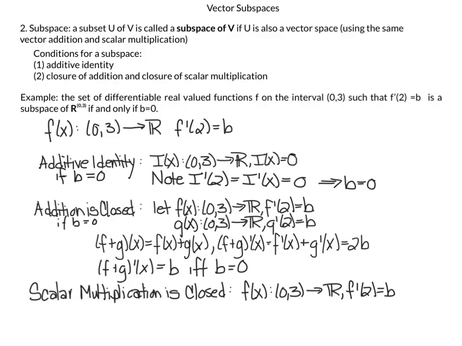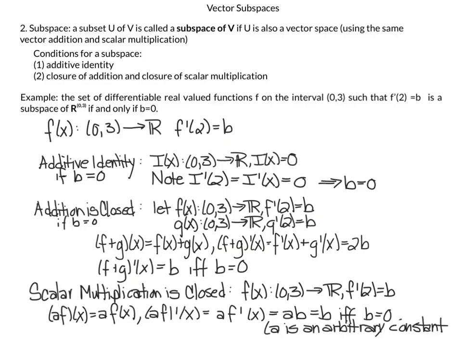Finally, we need to verify that scalar multiplication is closed. So we have our f going from 0 to 3 to R, and its derivative evaluated at 2 is equal to b.